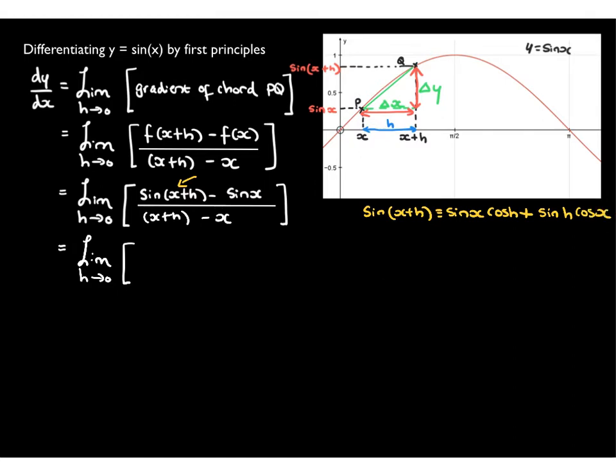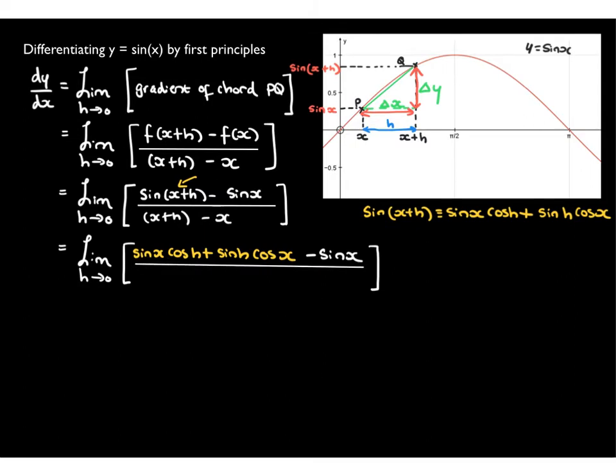So we have a compound angle identity here. Let's substitute that in. Also in the numerator we still have minus sine x. The denominator simplifies to simply give us h.